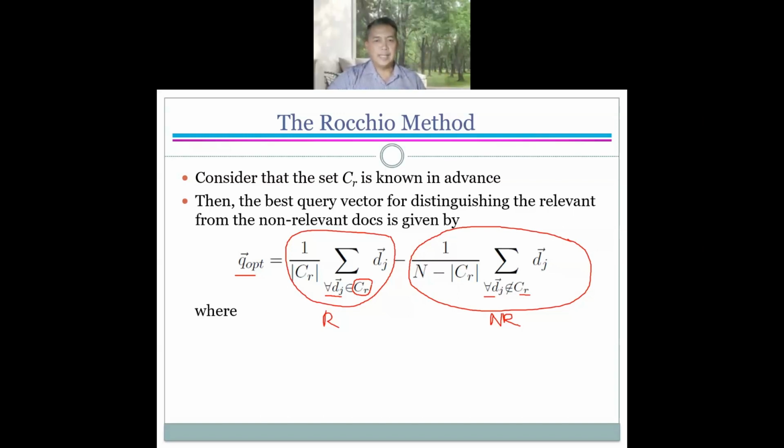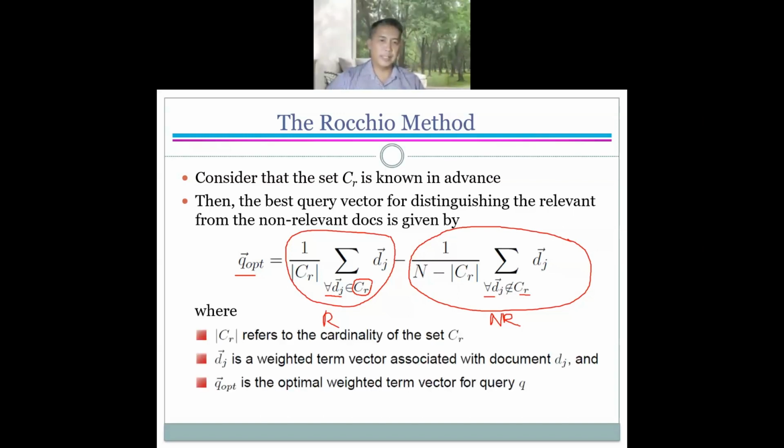Okay, so these are the terms that we have. This is the size of the relevant documents, the size of the whole document set that we have. So this is the formula. Okay, how do we apply this one?